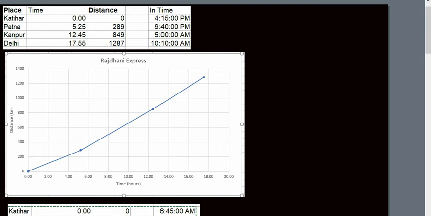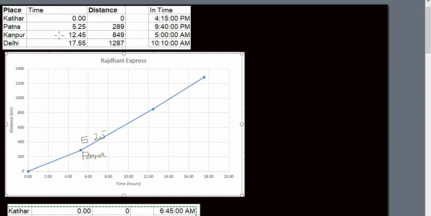So here the train leaves and we call this 0, reaches Patna in 5.25 hours. So if you look at this plot, this is 5.25 and this is Patna. So the point is for Patna.